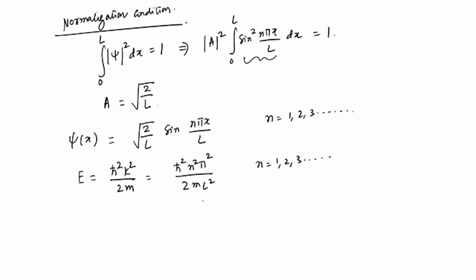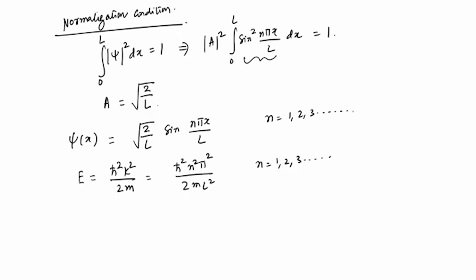Now, you see that the energy levels are not equidistant, they in fact grow as n grows, as a square of that. There is another thing that you need to notice here, that the 1 over L square sits in the denominator, and because of this term, if you decrease L, the spacing between the energy levels will go up, and that is an important concept that we use in quantum confinement.